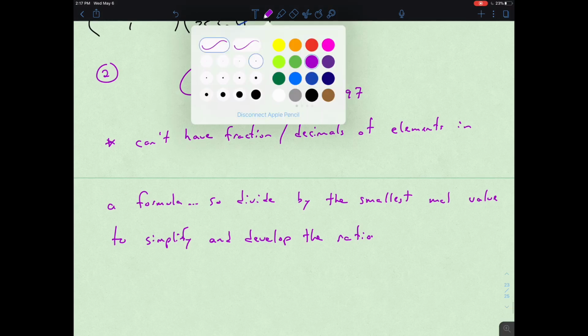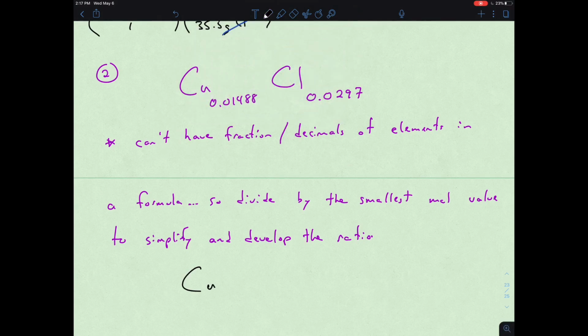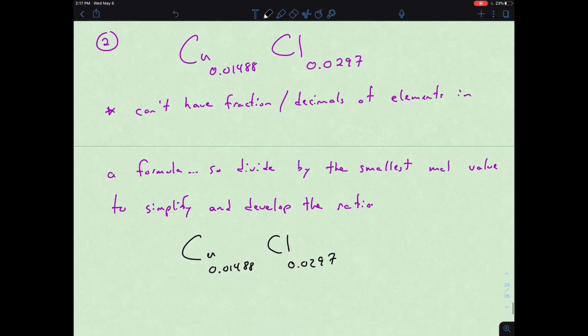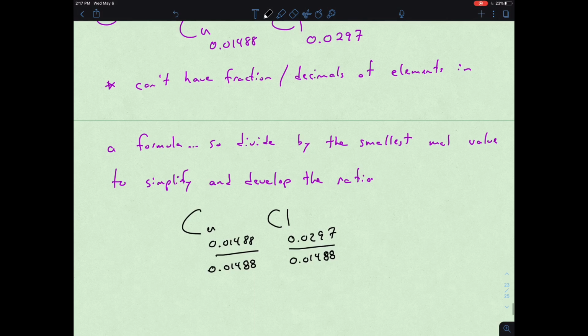So if we take the copper, we have the chlorine, right? We will be dividing by the smaller of the two values. This is 0.01488.